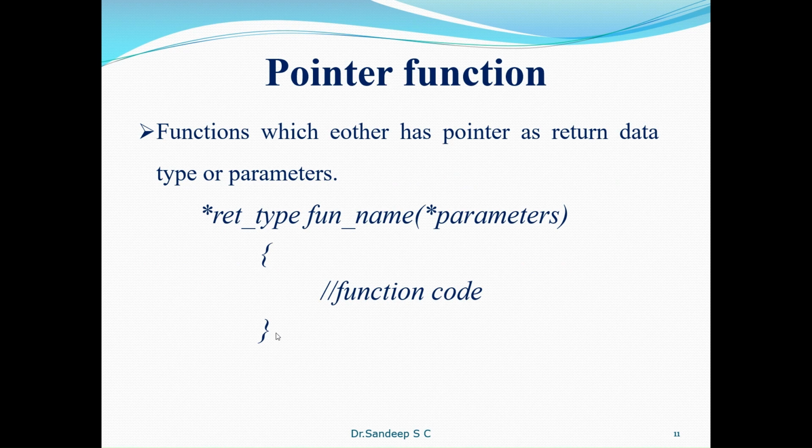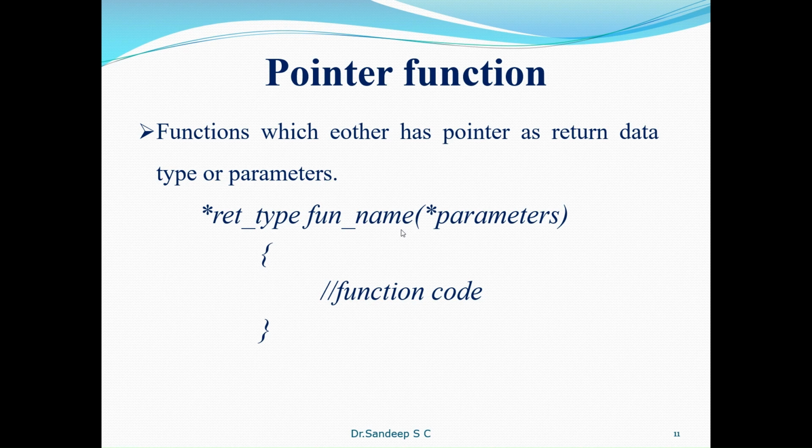Then we have the last type, that is the pointer function. These are functions which have a pointer as a return data type or as parameters. Remember, these are pointer functions, not, I repeat, not function pointers. They are different.